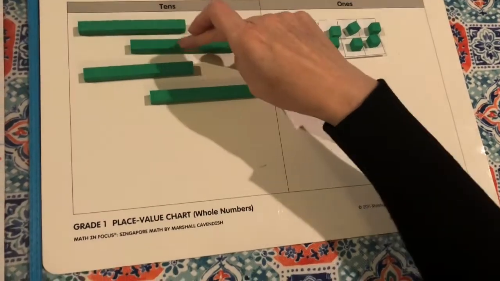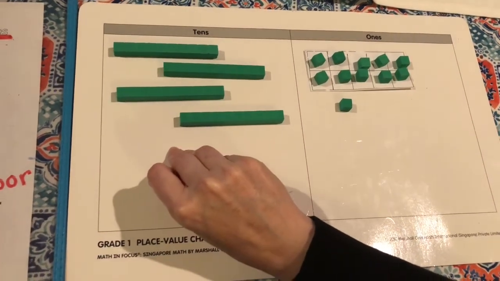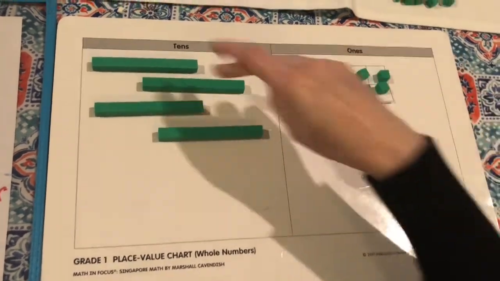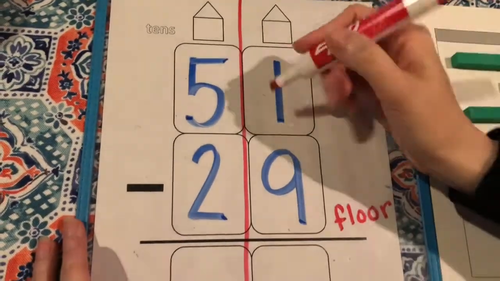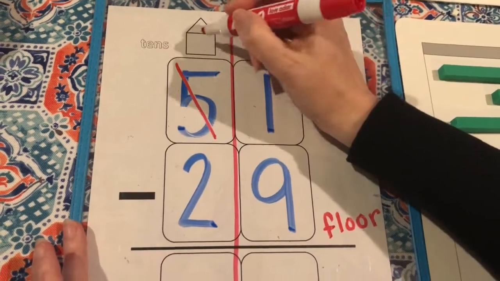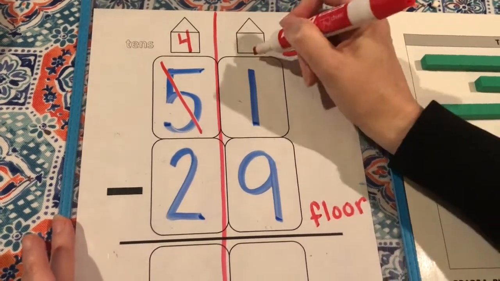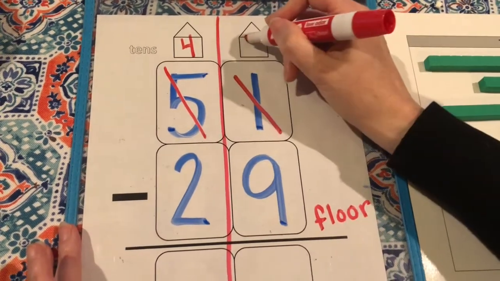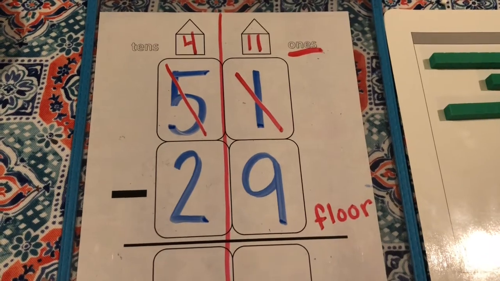And over here in our tens column, since we took one of our original tens away to give to the ones column, now we have 4 tens left. So let's mark that on our problem. We took a 10 from here, making the 5 into now 4 tens. And our 1, we added a 10 to it, so that becomes 11.